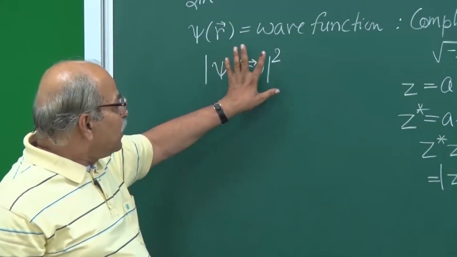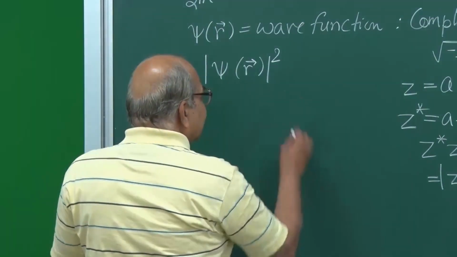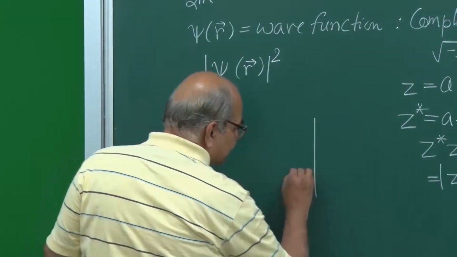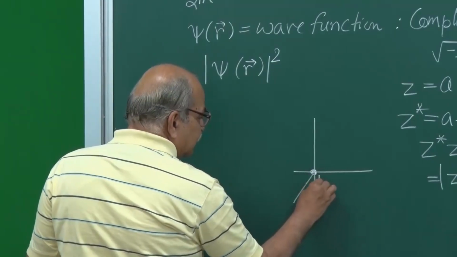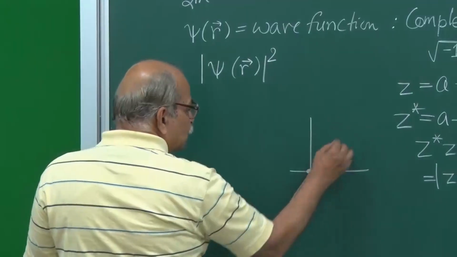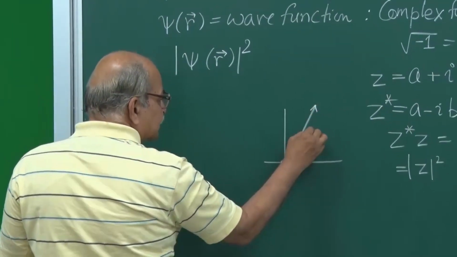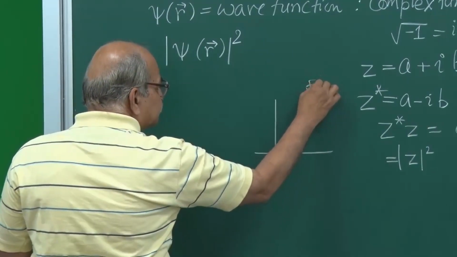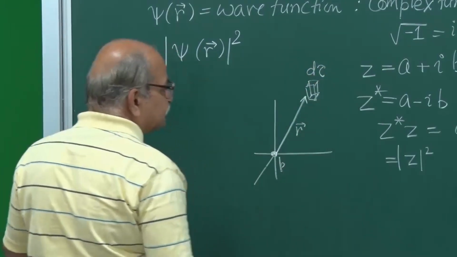Okay. So if you have this quantity, then you can connect it to something which is physical. Suppose here is that proton sitting at the origin and the electron can be somewhere, and you want to know that at this position r, let us say this is position vector r. So, here I construct a small volume, and that small volume is, let us say, d tau.